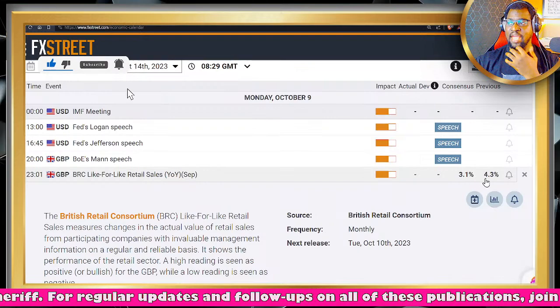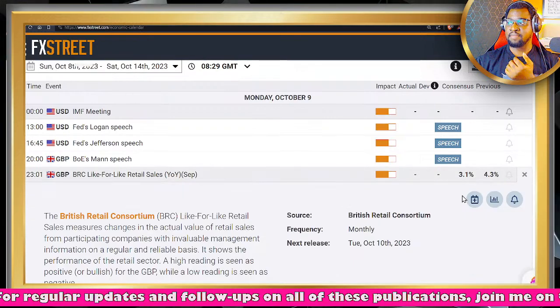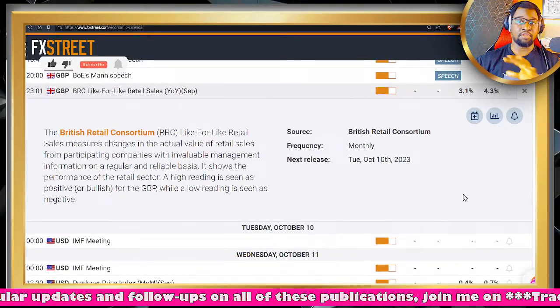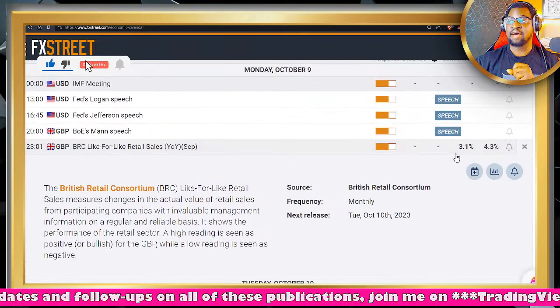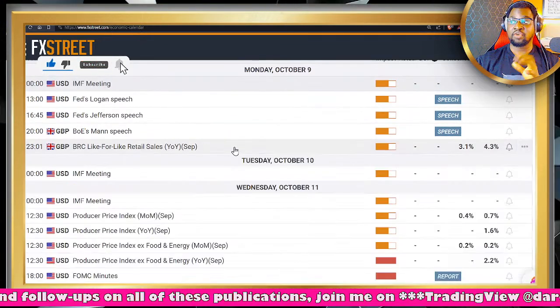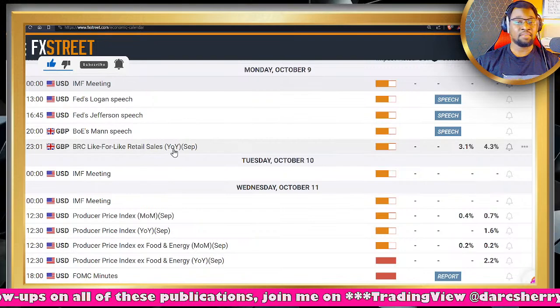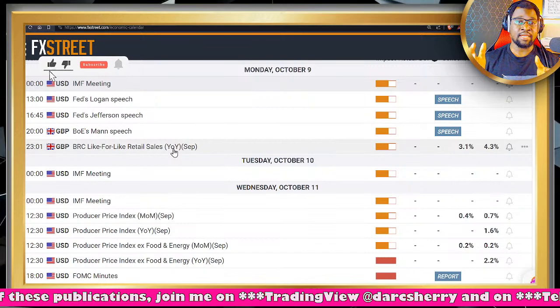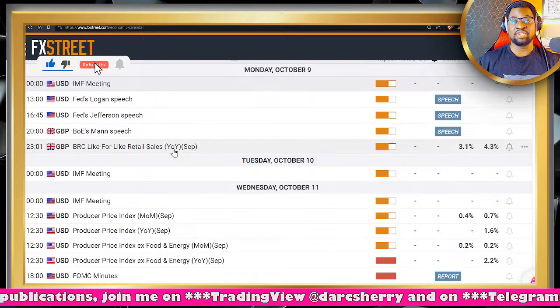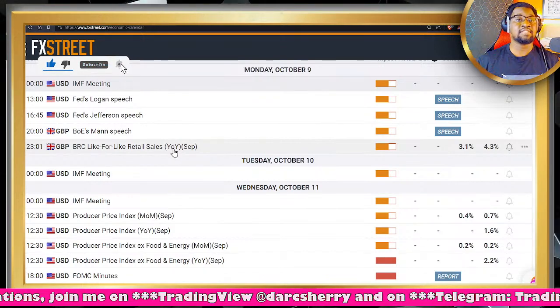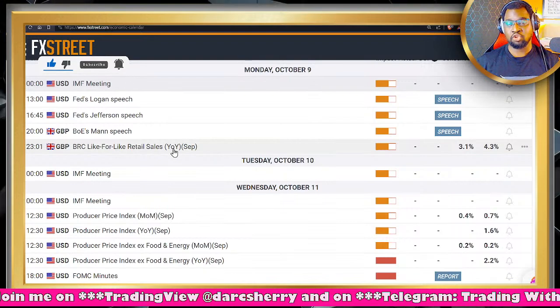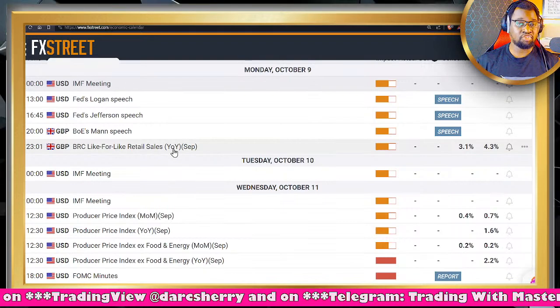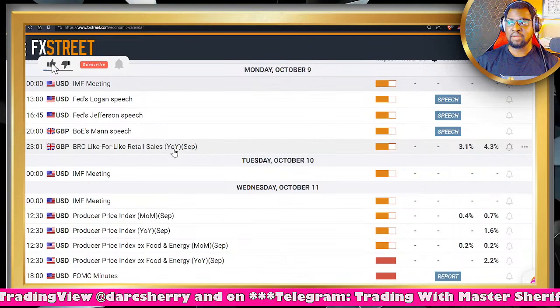We have previous data which came in at 4.3% for the month of August, and a consensus projecting 3.1% for the month of September. Generally speaking, a higher than expected reading is considered positive for that economy, which will of course translate into positive traction in favor of the pound sterling.